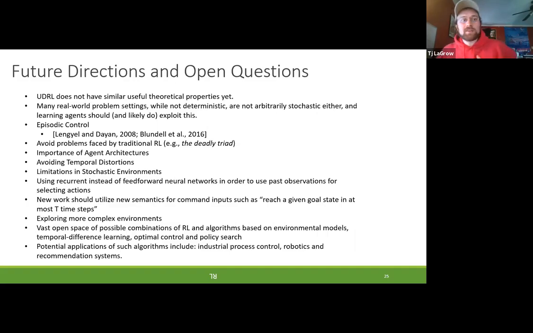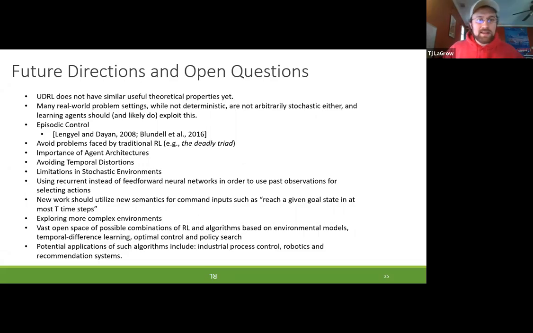Future directions and open questions. There's not really a great mathematical or theoretical foundation for upside down reinforcement learning, much like what traditional reinforcement learning has. So this is a big question, as traditional reinforcement learning has the benefit of decades of development into various algorithms that can, under certain conditions, maximize expected returns in arbitrary stochastic processes.